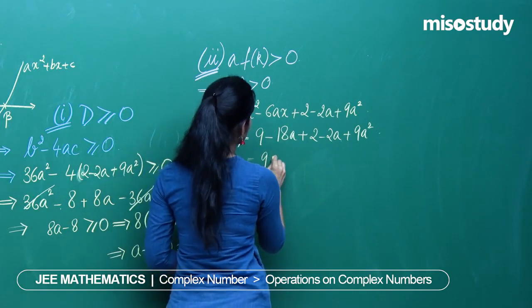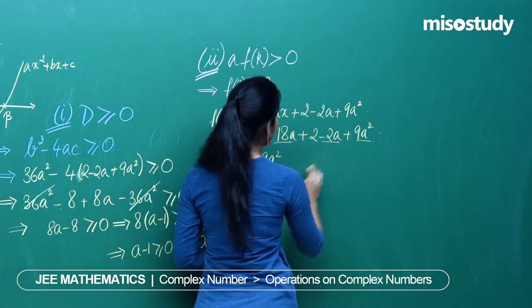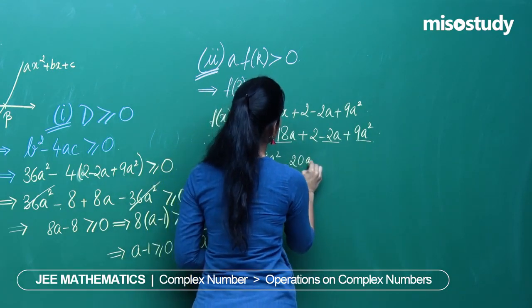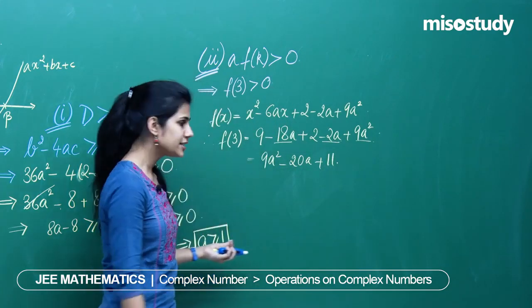This leaves you with 9a square. Then you have minus 18 minus 2, which is minus 20a, plus 11, right?